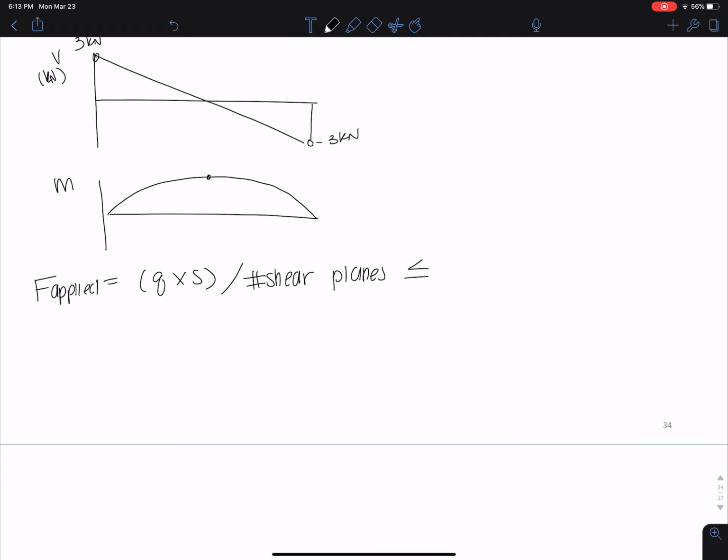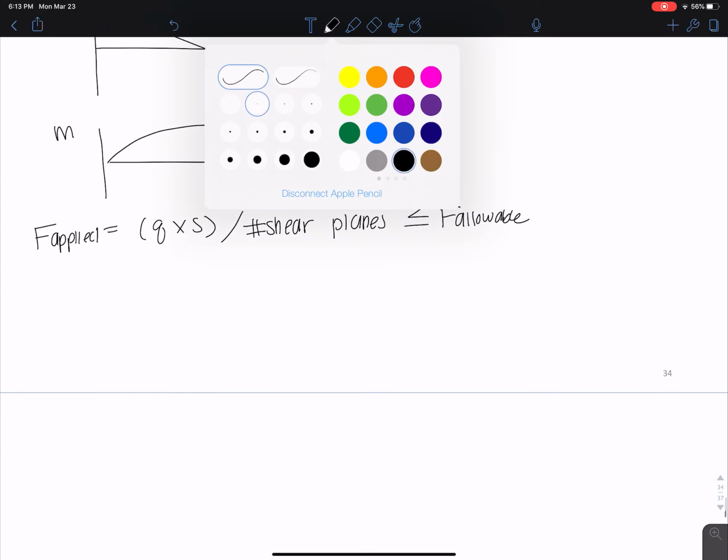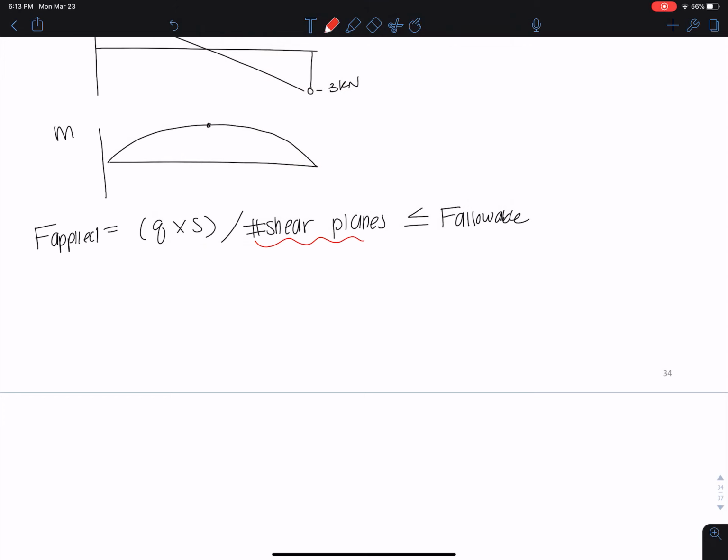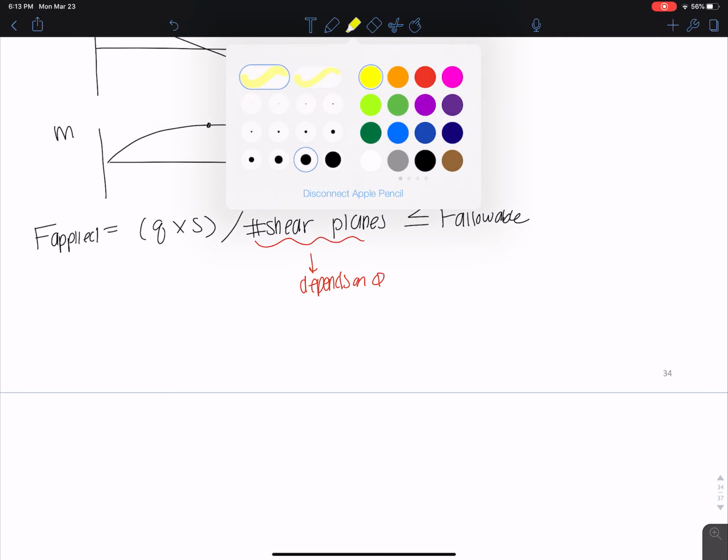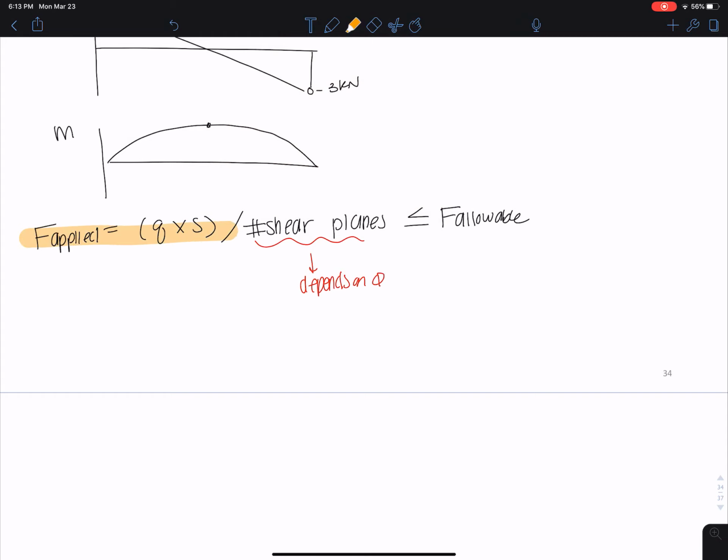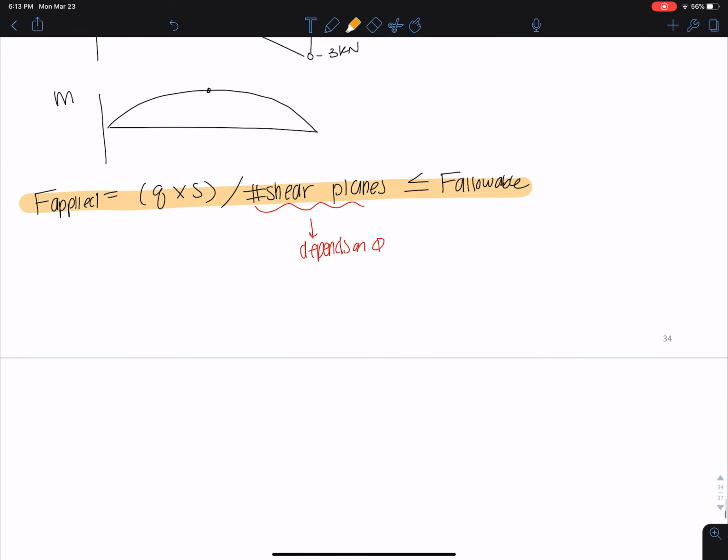And this has to be less than or equal to the F allowable. And the number of shear planes here depends on Q. So I'll show you how to do this. This is an important formula. That's what we're going to use.